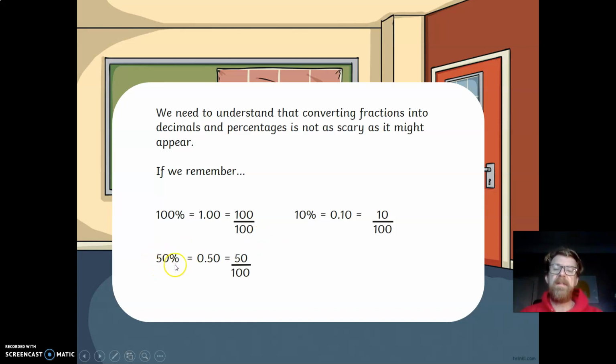Here we have 50%, which is equivalent to 0.5 as a decimal. Or if we're looking at fractions, it becomes 50 over 100.